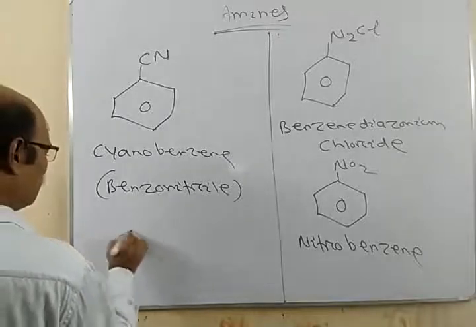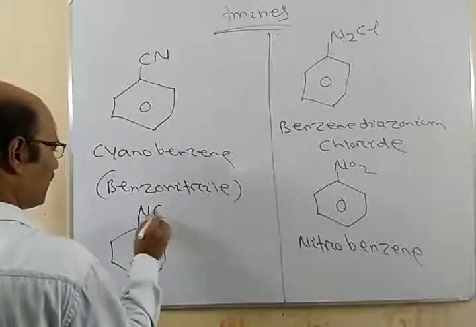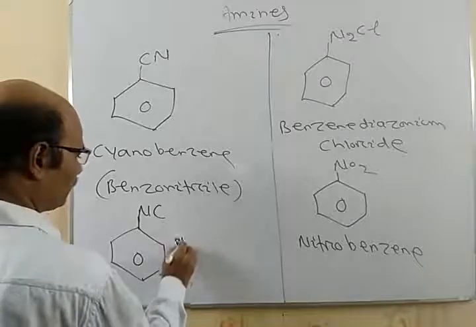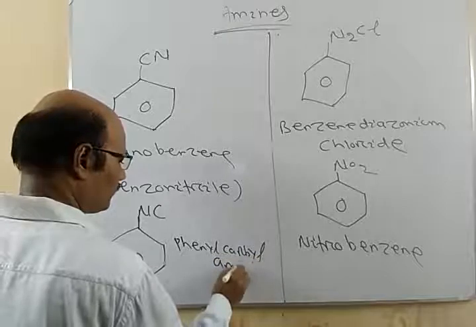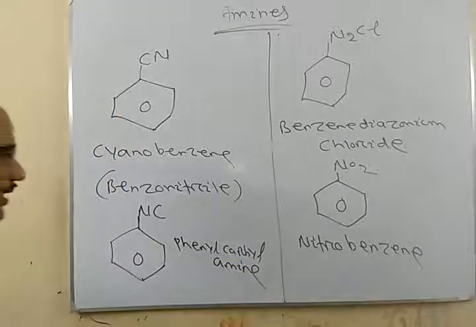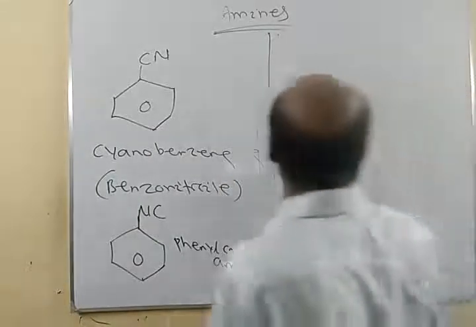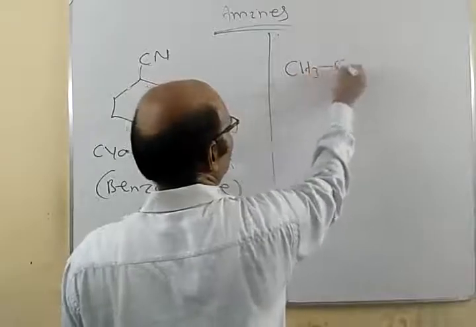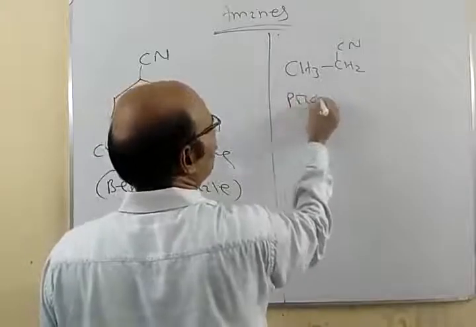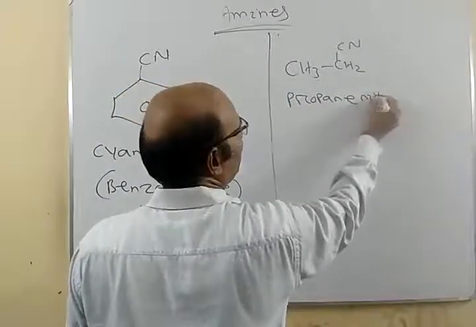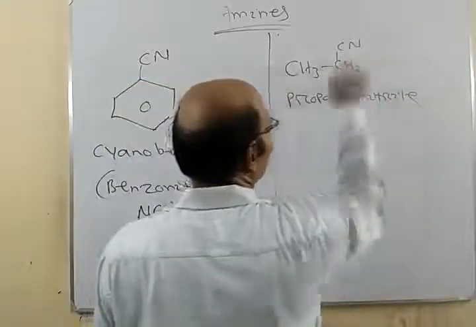Finally, we go for NC: phenyl carbylamine or isocyanide. You can go for this also. For aliphatic, CH3 CH2 CN, its name is propanenitrile, or ethyl cyanide.